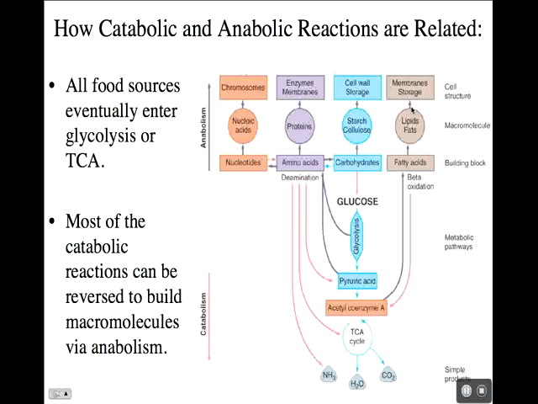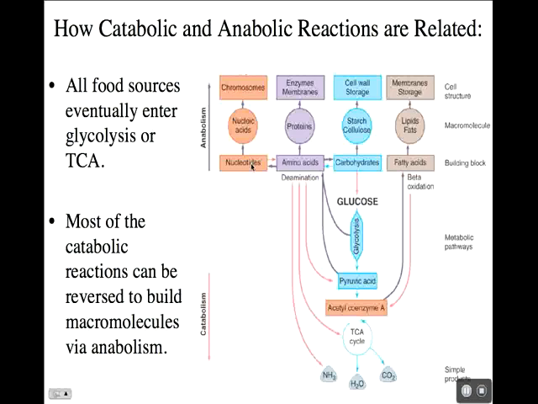Fats are going to go through a process called beta oxidation. And then those fats enter into the tricarboxylic acid cycle. So they go to the same place. Proteins go through a process called deamination, and then they enter the tricarboxylic acid cycle. Nucleotides, i.e. DNA, RNA.